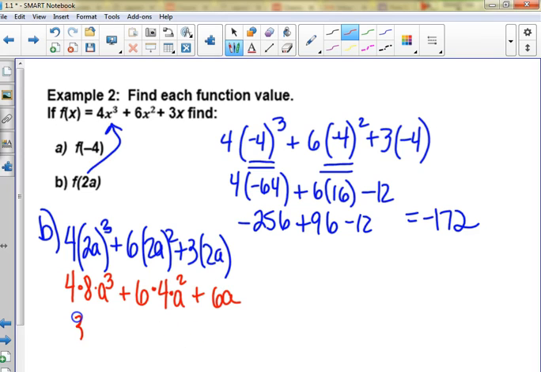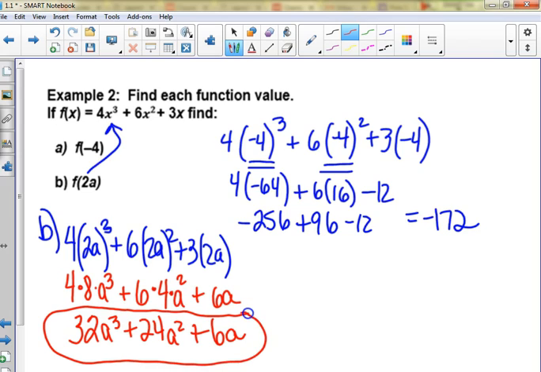All right, so I'm getting 32a cubed plus 24a squared plus 6a, which is 52a cubed, you think? No, please stop, right? We can't add unlike terms. Just checking. See if you're awake. Guys, you need to simplify.